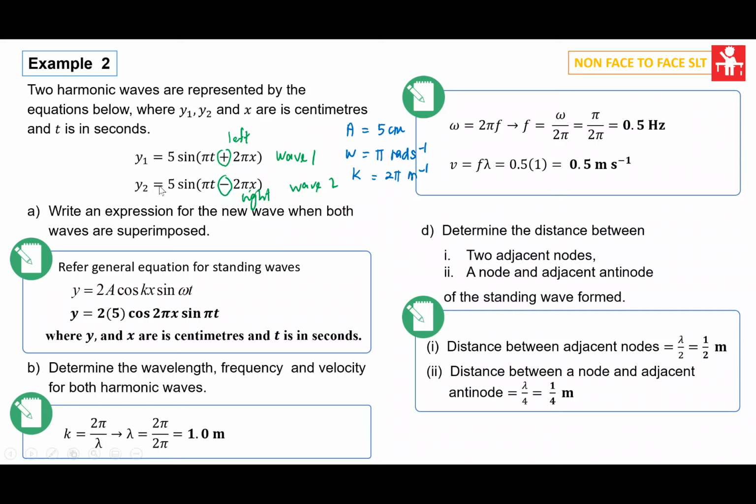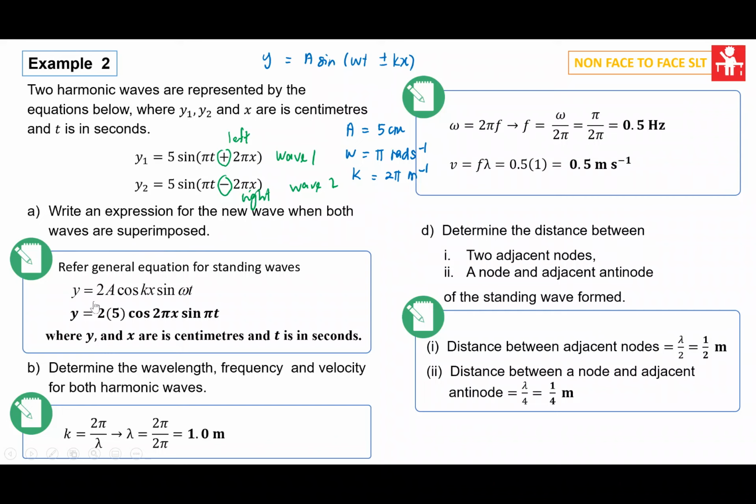So I can extract these by comparing with the general equation, which is y equals A sin(omega t plus minus kx). When you compare, the side of t gives you the value of omega, and the side of x gives you the value of k.